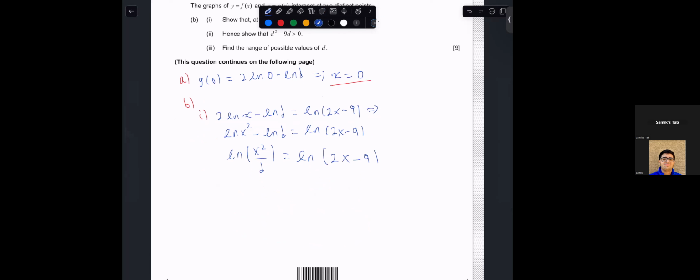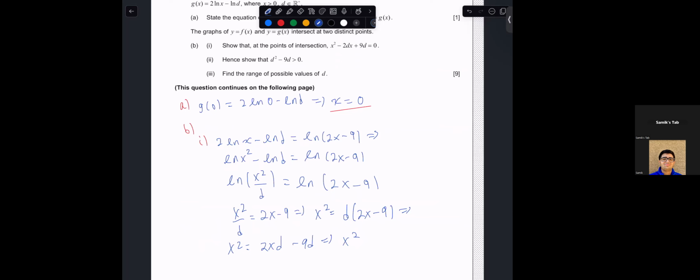Now we can just remove the ln's because both sides are ln. So x squared upon d equals 2x minus 9. Now algebra, we have d into 2x minus 9. This becomes x squared is equal to 2xd minus 9d, and we have x squared minus 2dx plus 9d is equal to 0. Hence we've proved the points of intersection are at this equation.